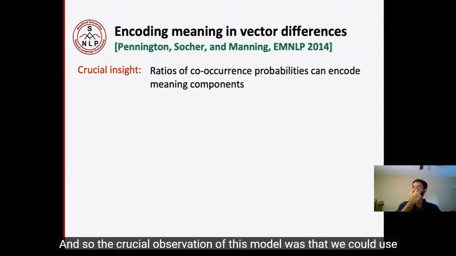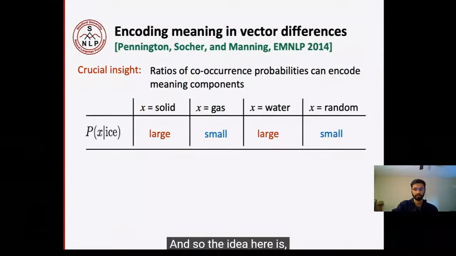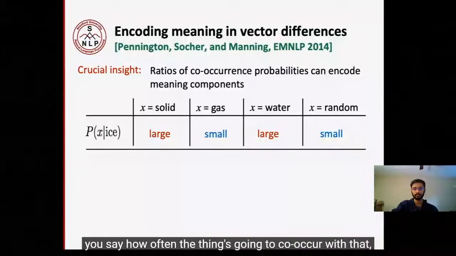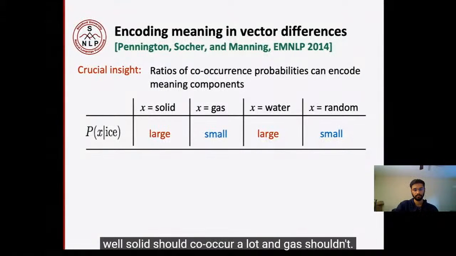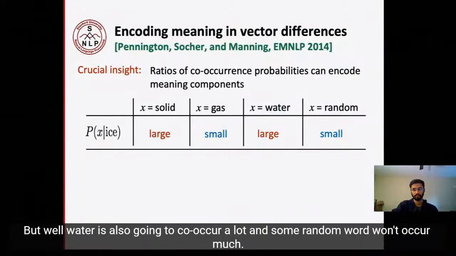The crucial observation of this model was that we could use ratios of co-occurrence probabilities to encode meaning components. The idea here is, if you have a word like ice, and you ask how often other words co-occur with it, well, solid should co-occur a lot and gas shouldn't. But water's also going to co-occur a lot and some random word won't occur much.